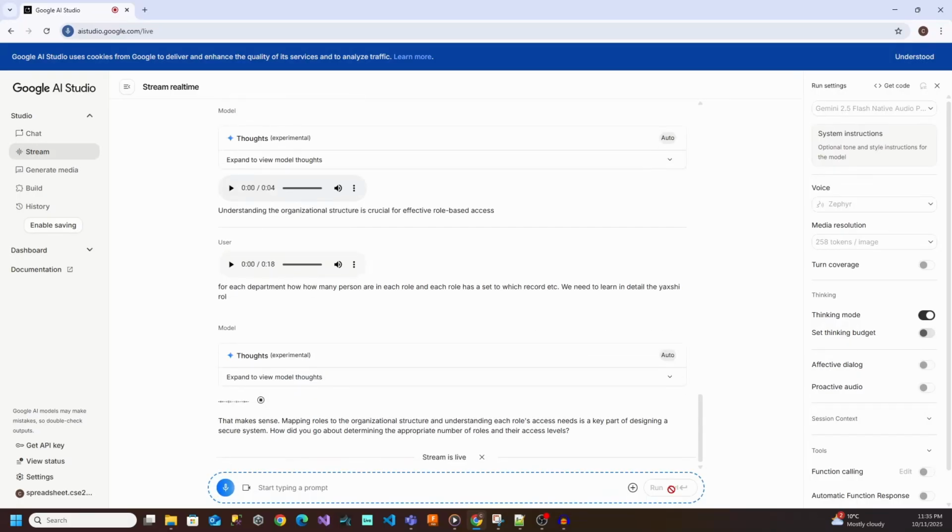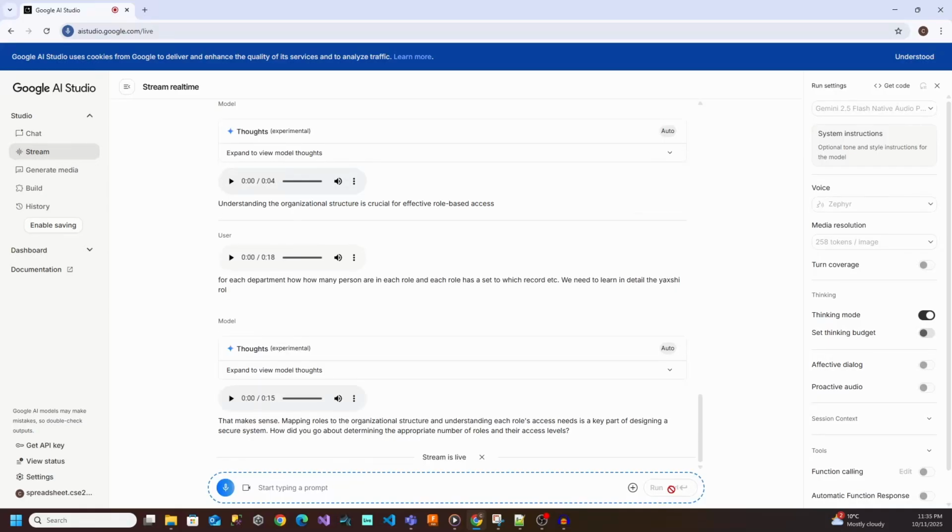Mapping roles to the organizational structure and understanding each role's access needs is a key part of designing a secure system. How did you go about determining the appropriate number of roles and their access levels? Normally, in one organization, they already have what we call an organization chart and size.